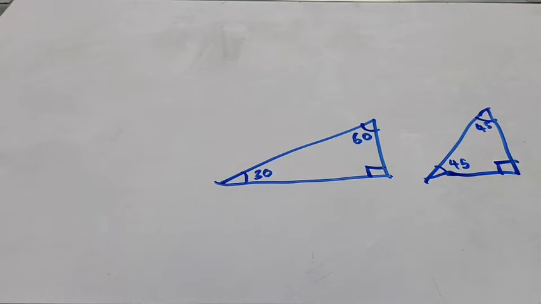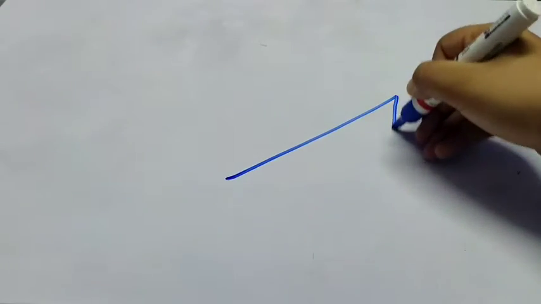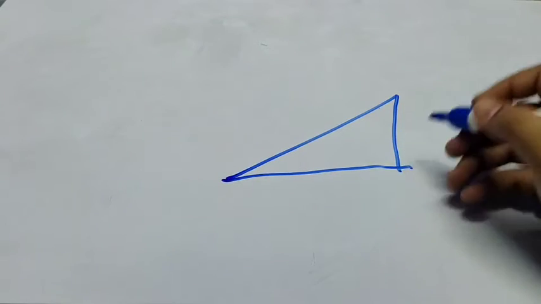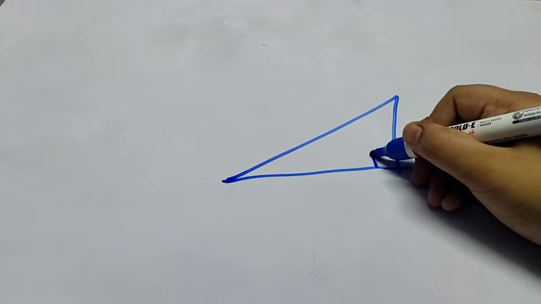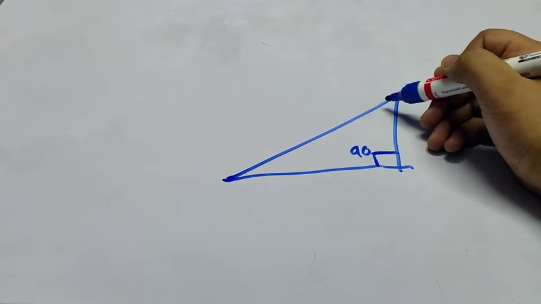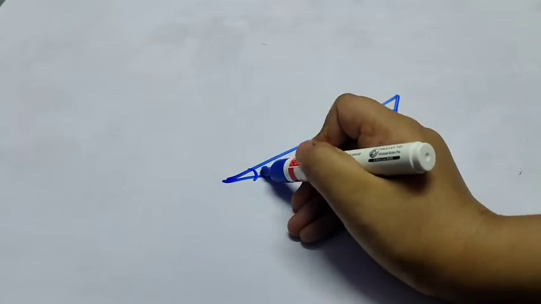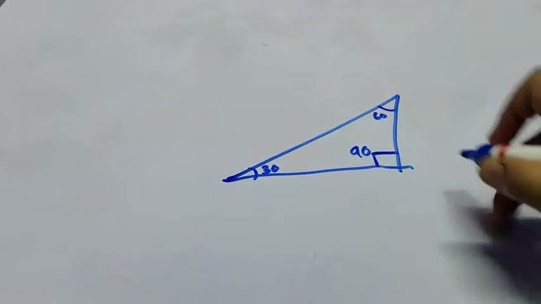Now what do we see in trigonometry? In trigonometric questions, they give you a triangle. Let's assume that it is a 90, 60 and 30-degree triangle, and what they actually ask is that you have the length for this side.